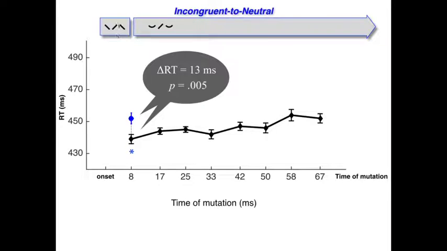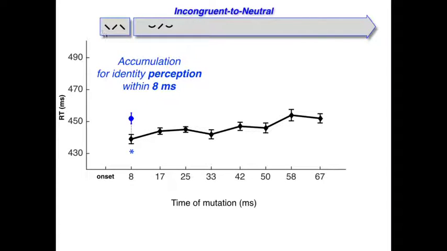Now, this 8 milliseconds presentation of incongruent distractors was enough to significantly delay responses by 13 milliseconds, which means that within those measly 8 milliseconds, the system accumulated enough information about those identities for them to be perceived.